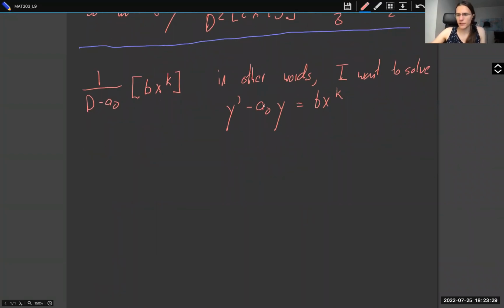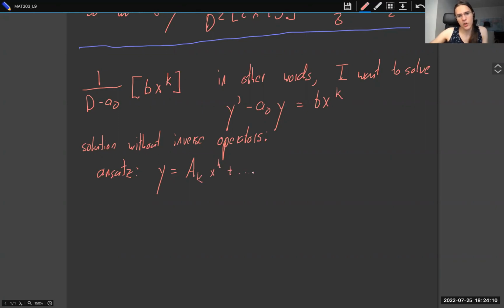And so let's just solve this equation without using inverse operators for a second. And I'm going to use the ansatz. This can be motivated in several ways, but at the moment, I'm just not going to motivate it at all. And the ansatz is that y is going to be some polynomial of x. So let's say a sub k x to the k, plus dot dot dot plus a naught.